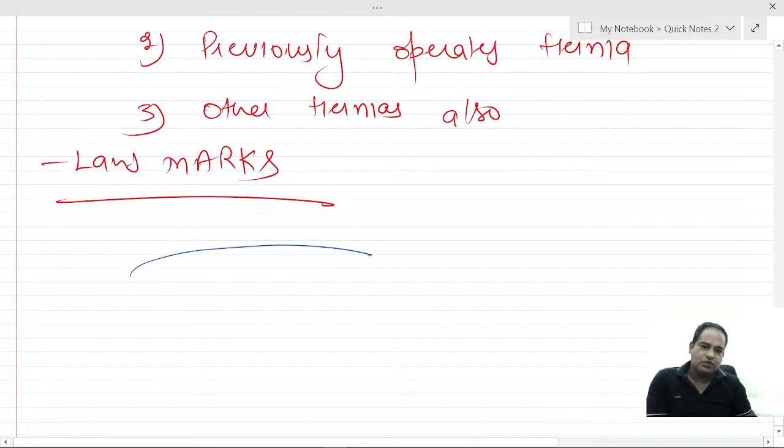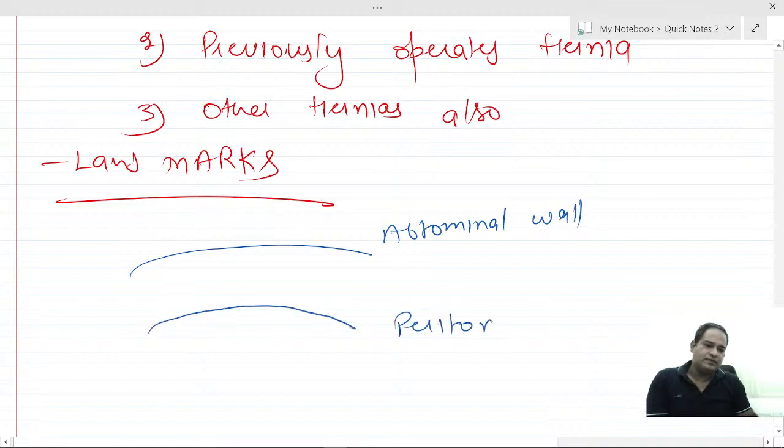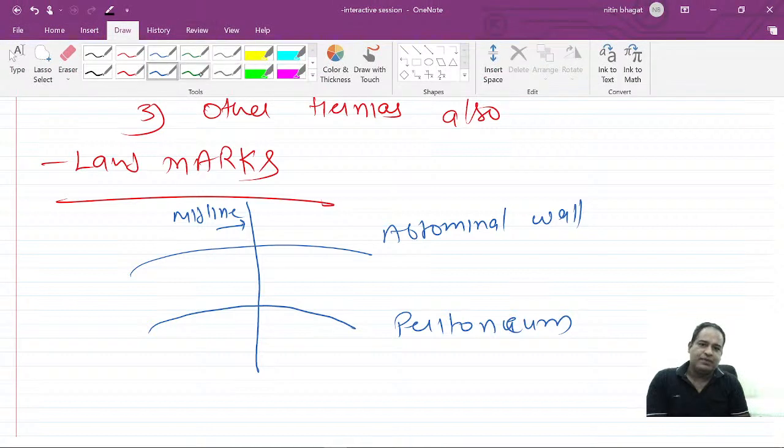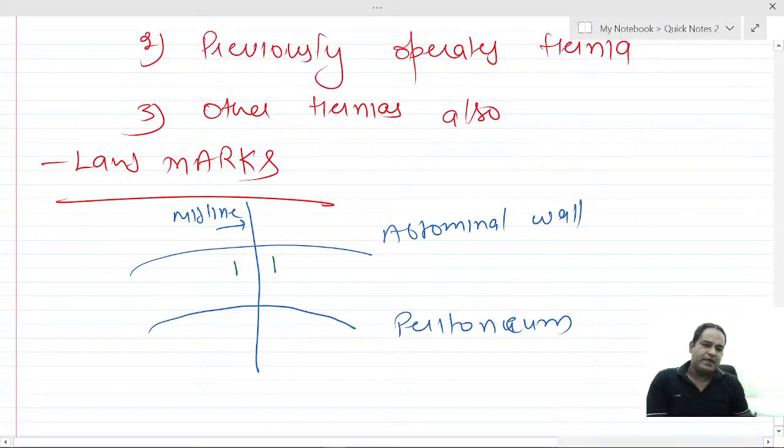So this is the abdominal wall, this is the peritoneum, this is the midline, fine. Let's call this space 1, let's call this space 2. So space 1 is the space of Retzius.